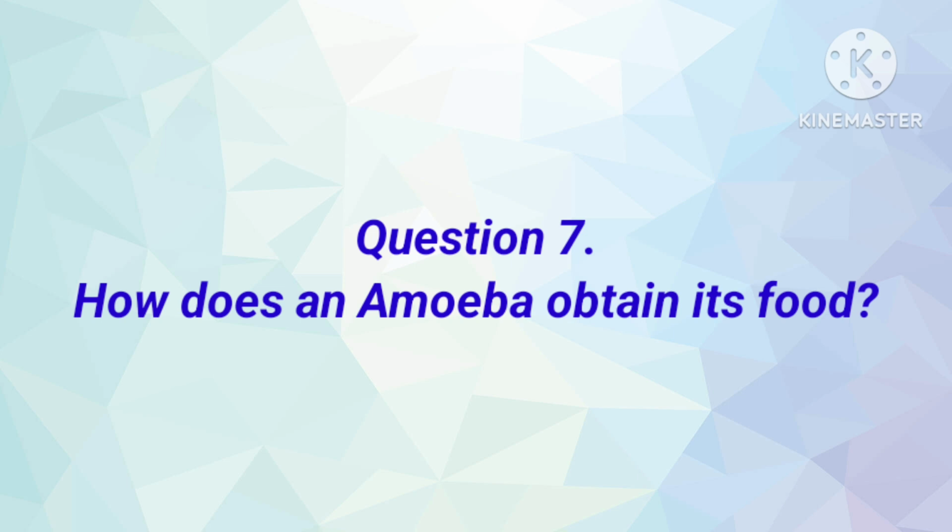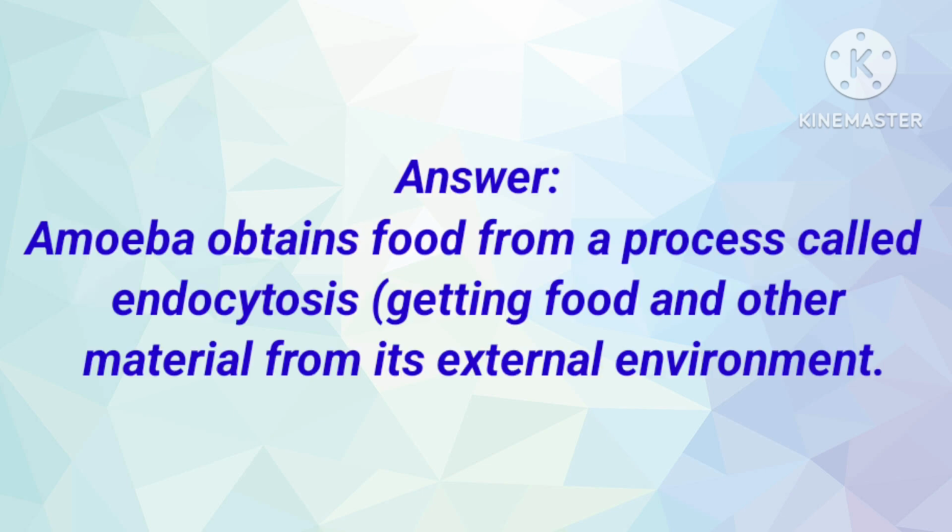Question number 7. How does an amoeba obtain its food? Of course, you know that amoeba is a single-celled organism which cannot be seen with our eyes because it is a microorganism.